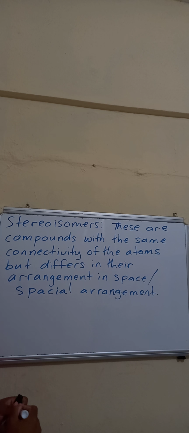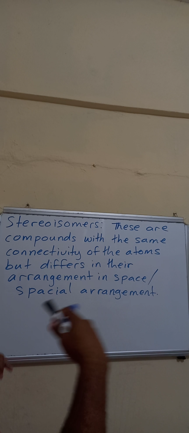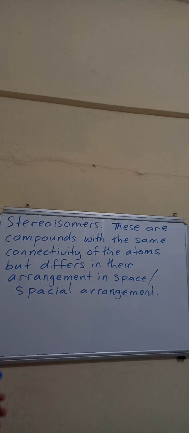The point is, they are connected the same, but how they are arranged in space is different. The two types of stereoisomers are the geometric and the optical. We will start by looking at the geometric isomers.